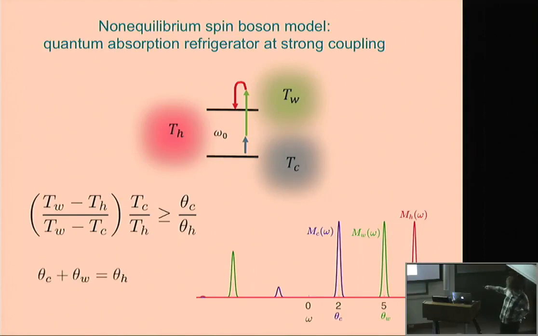We also need to make sure that there are no high frequency components. But in the extreme limit, for simplicity, let's just filter all frequencies in this manner. So the main observation here is that we can realize what they had in the 3-level absorption refrigerator in a simpler, 2-level system, but we have to use a strong coupling to realize that.